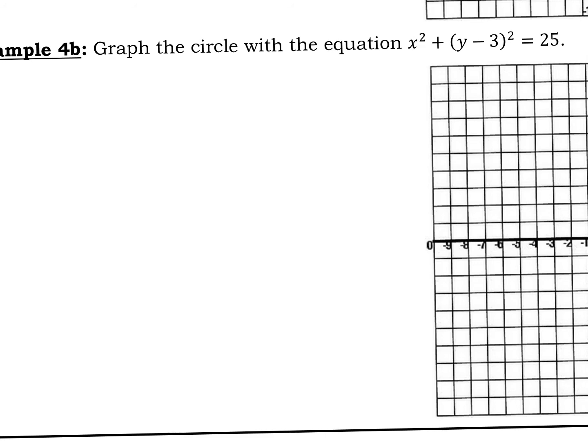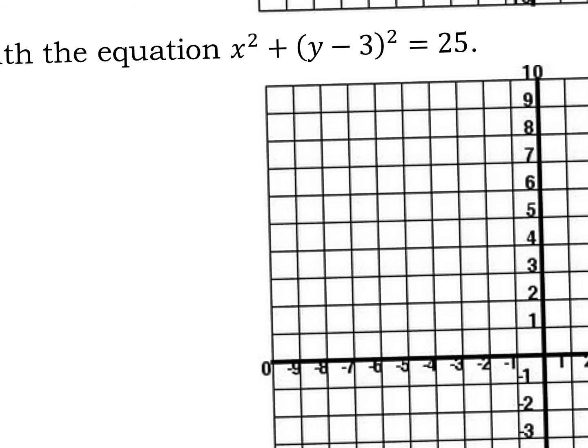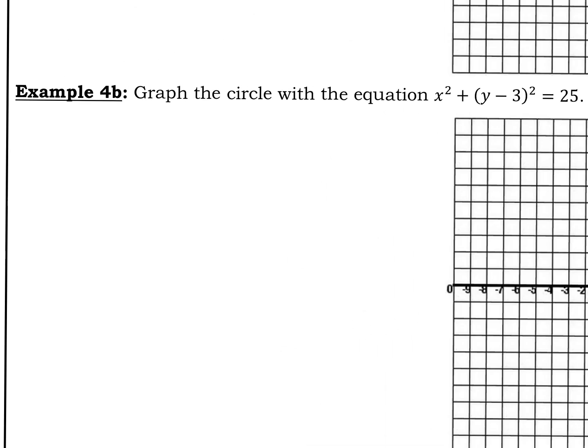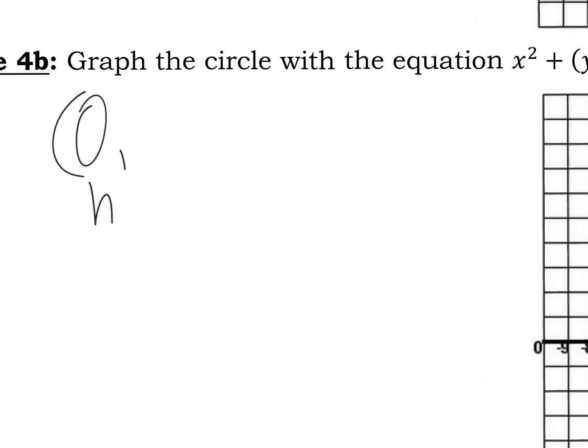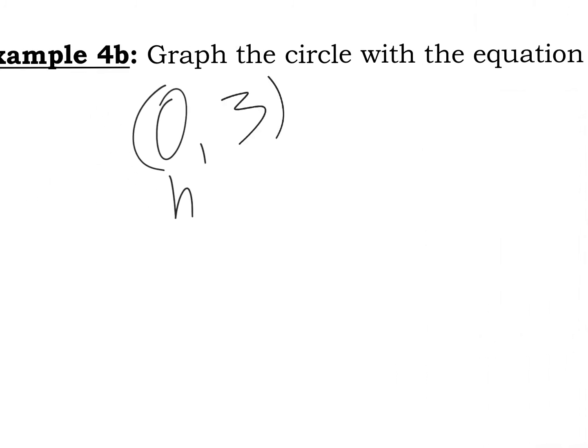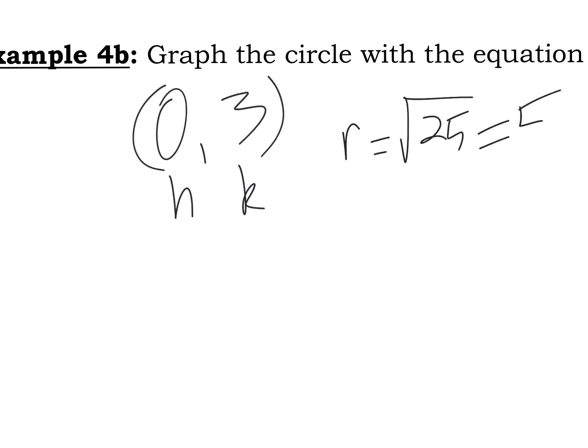It says graph the circle with the equation x squared plus y minus 3 squared equals 25. So for your h and k, x squared was nowhere, so your h is at 0. And then my k is, just flip the sign, so I'm going to say plus 3 for my k. And then my radius is the square root of 25, which of course is 5.